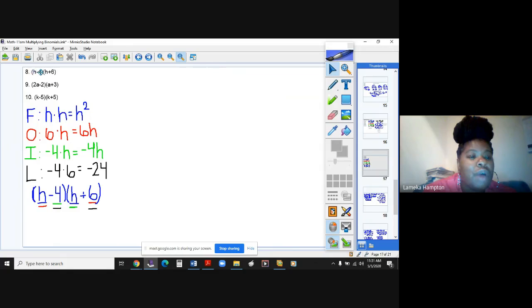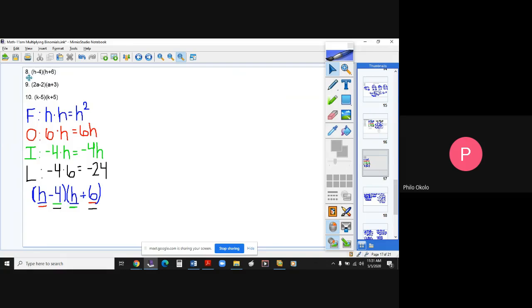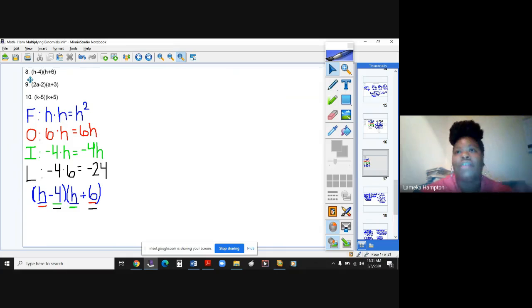So that's why I did what I did. Can you see number 8 up here? Okay, it's clear now. You're not dividing anything. This is always either going to be addition or subtraction, or both, but you'll never have to divide anything.